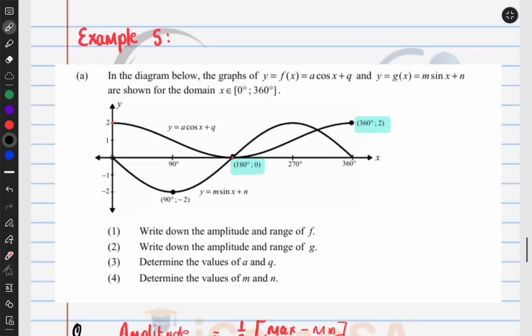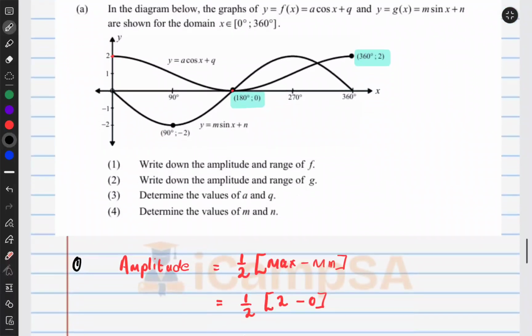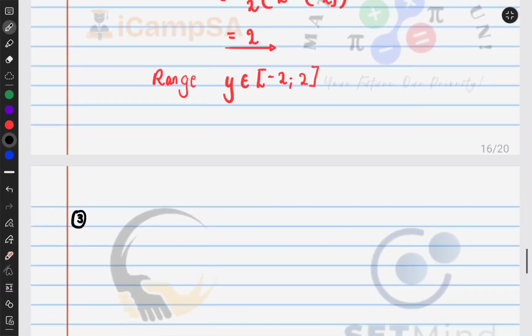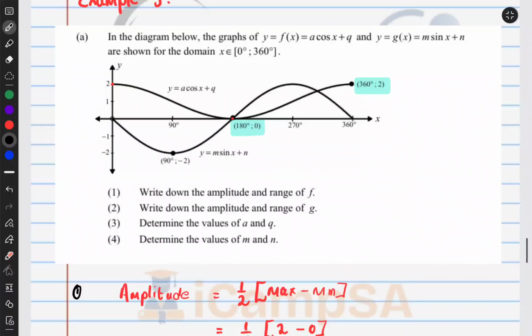So we have f at x is equal to a cos x plus q. That's the first function f that we're dealing with. We know two coordinates of the function. In fact, we have 3, because also this one there, which is 0 and 2.